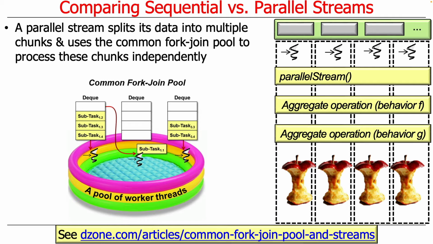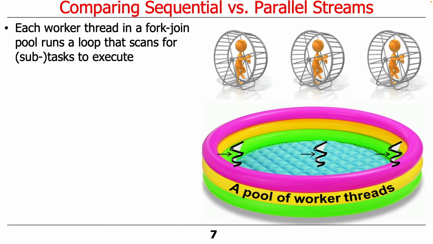The fork-join pool is actually what runs the computations, but the parallel stream is a functional wrapper that encapsulates the fork-join pool, because the fork-join pool is a little bit awkward to program directly, whereas streams are a much more convenient programming abstraction. In the fork-join pool, there's a bunch of worker threads.